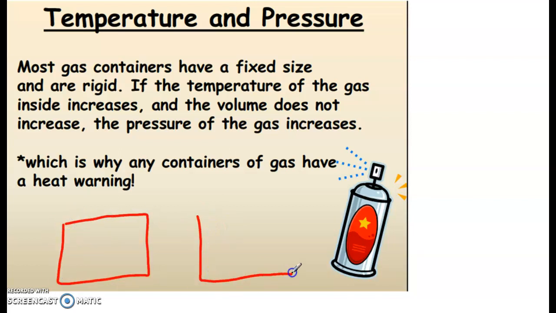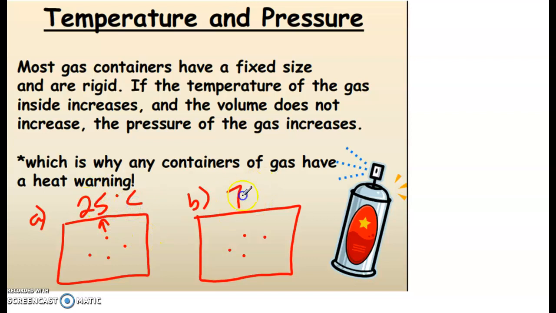So imagine that these two containers are the same size, A and B. Okay, if I have the same amount of gas in both containers, right, except one is at a higher temperature, right? What's going to happen here is obviously all particles are in motion, but the one that is 75 degrees Celsius, or the one that's hotter, is going to have a lot more energy.